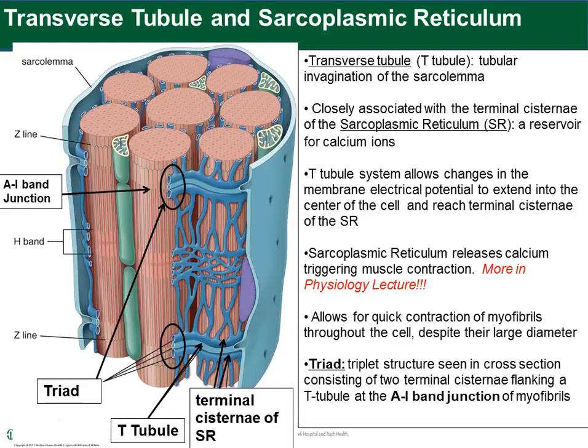This allows for a very quick contraction of the myofibrils throughout the cell, in spite of their sometimes very large diameter. And because you have 2 cisternae of the sarcoplasmic reticulum flanking each T-tubule, you have then a triad. And that triad is located in a very specific place in skeletal muscle at the junction of the A and I bands.